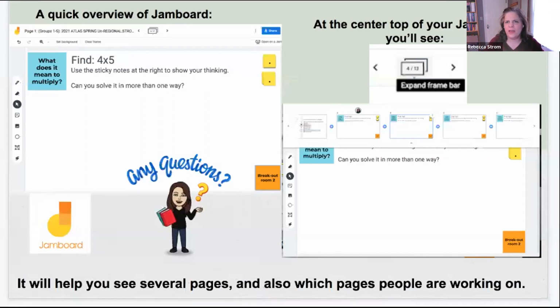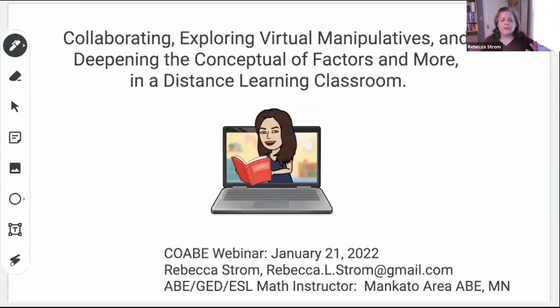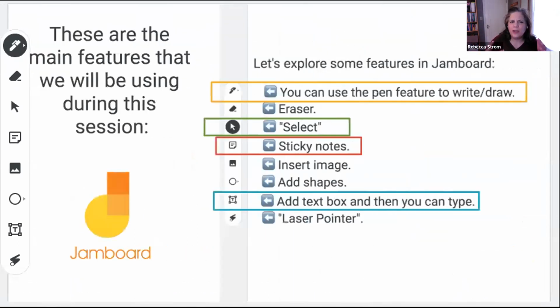So let's look at a sample of my Jamboard. I'm going to quickly grab this. All right. This is the Jamboard that you're going to get a copy of, and we're just going to walk through the first couple of pages. Once again, I put in there a hint of the tools if this is a newer experience for you, just the ones that we're using, but there are lots more.